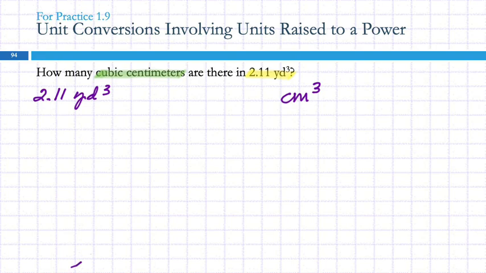So how can I get from yards to centimeters? We did centimeters to yards a few minutes ago. Yeah, we could do yards to feet and feet to inches. Yeah? So if we can do yards to feet to inches to centimeters, we can also do yards cubed to feet cubed to inches cubed to centimeters cubed.